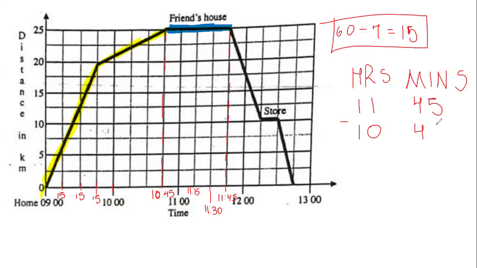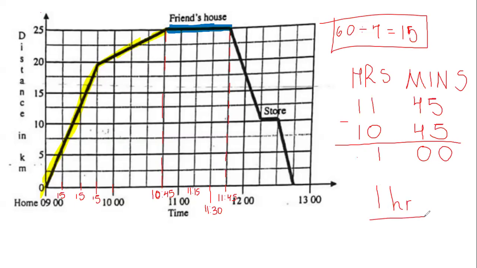We do 5 minus 5, which is 0. 4 minus 4, which is 0. 1 minus 0 is 1. So that's 1 hour.